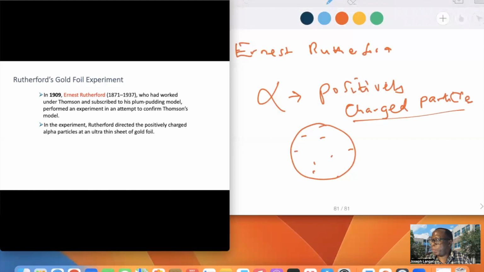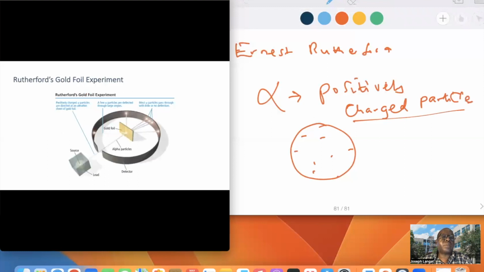His assumption was, picture positively charged particles coming from the source.